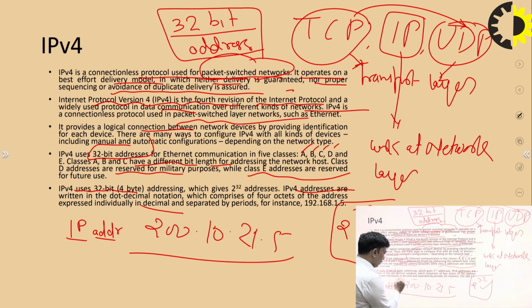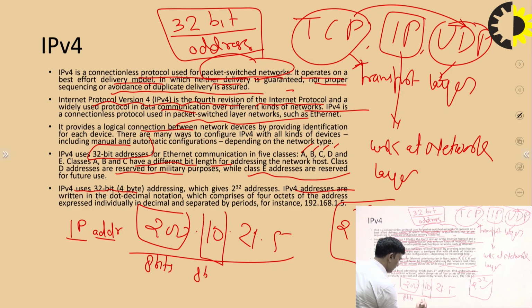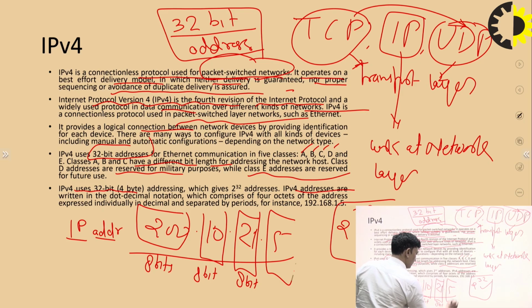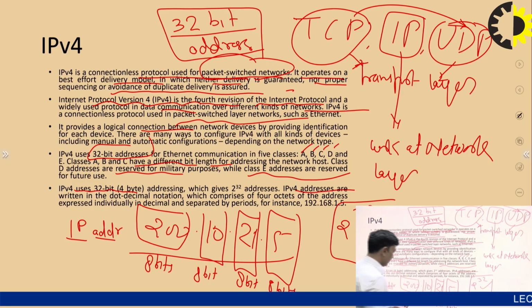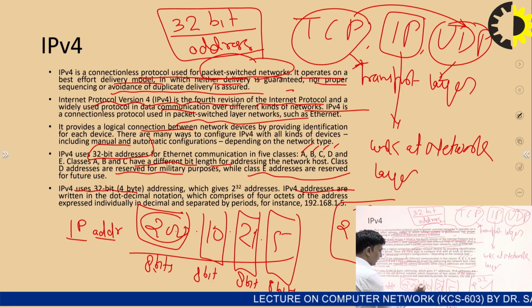This is the first octet, 8 bits, this is the second octet, 8 bits, this is the third octet, 21, 8 bits, and this is the last, fourth octet, 8 bits. So how many bits are there? 8, 8, 8, 8, 32 bits. It is known as dotted because there are dots, and decimal means these numbers are written in decimal.